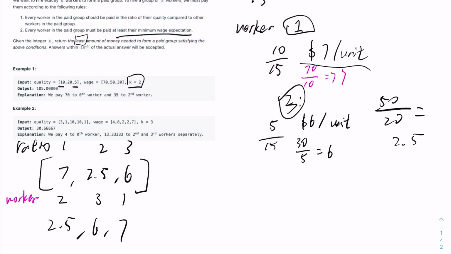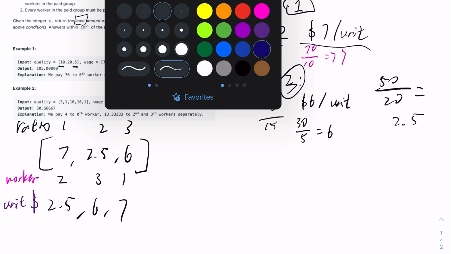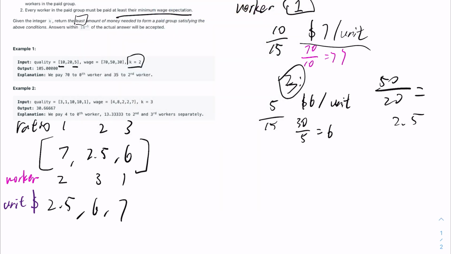Here the first row is worker, the second row is unit price, let's say unit dollar sign, and the last column, that's it.